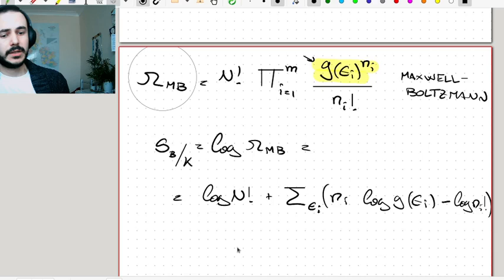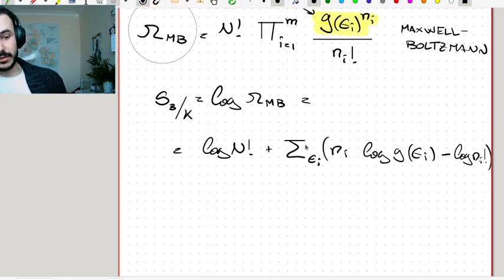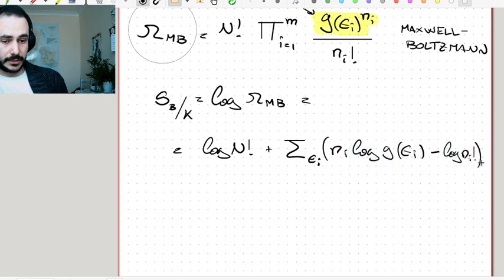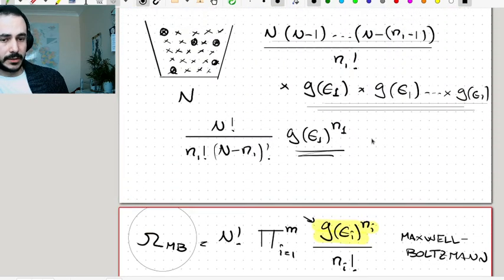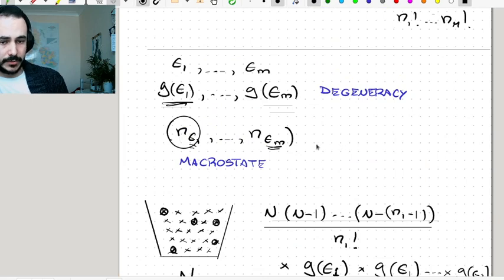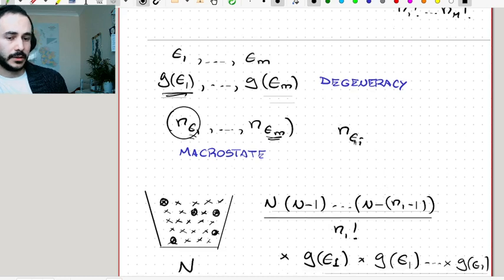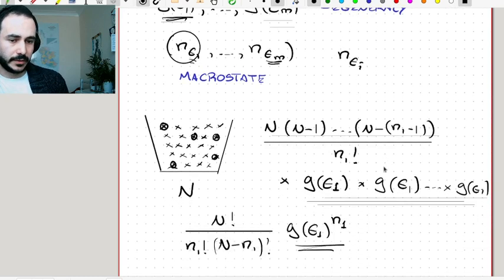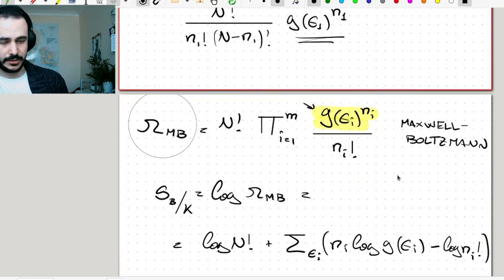Okay, now remember Stirling's approximation, so we are going to assume that the number of particles in each of these different possible energies is going to be large. Now I'm making here a simplification of the notation. Here, I'm referring to these n's as n sub Ei. Okay, this is like three levels of indices, and I don't want to carry on doing that.